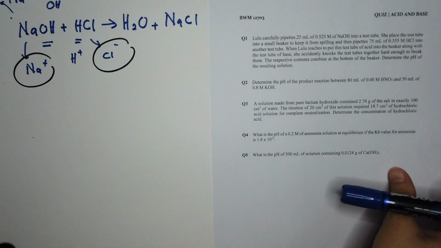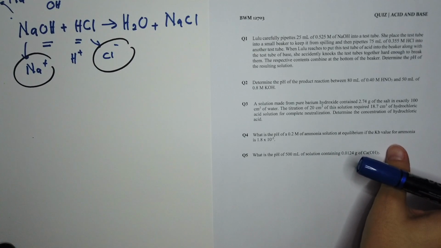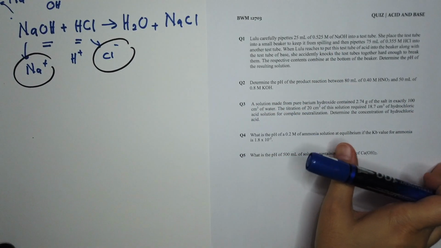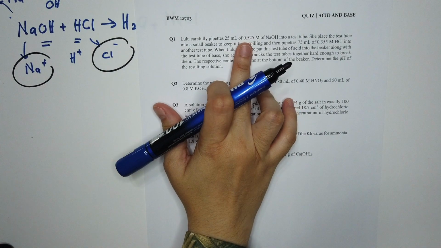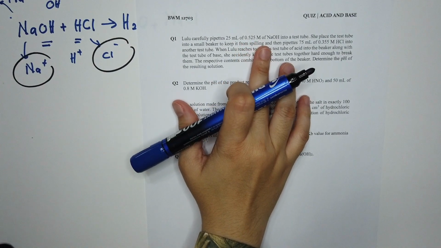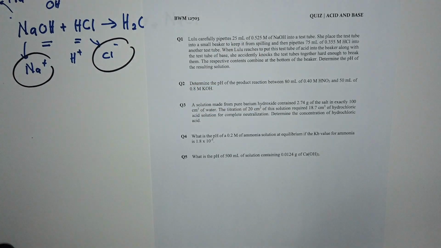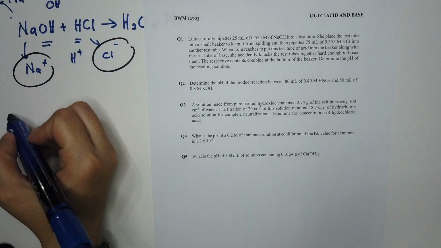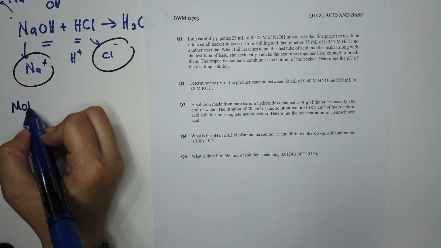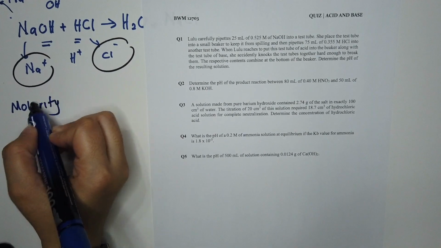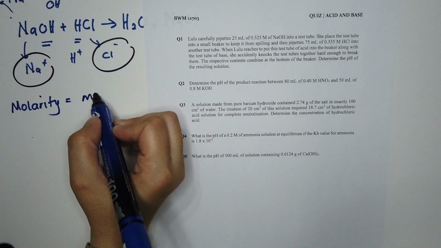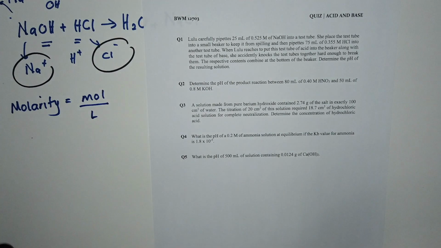Given in the question, for the sodium hydroxide you have 0.525 molar NaOH with a volume of 25 ml. You need to use molarity is equivalent to mole over liter.